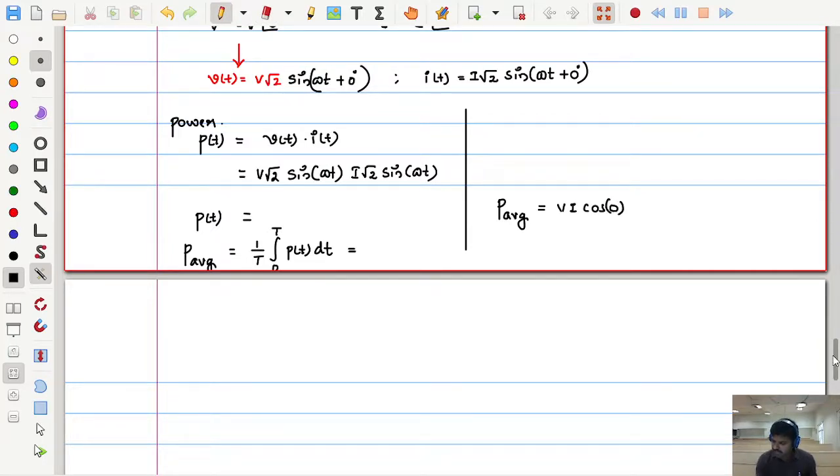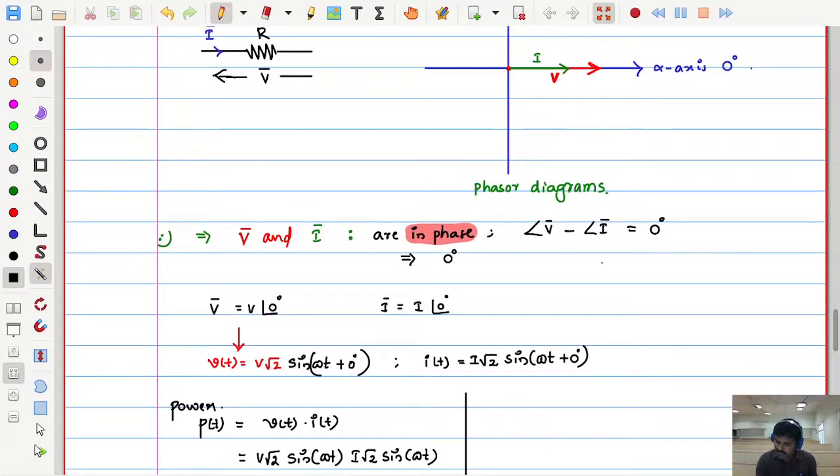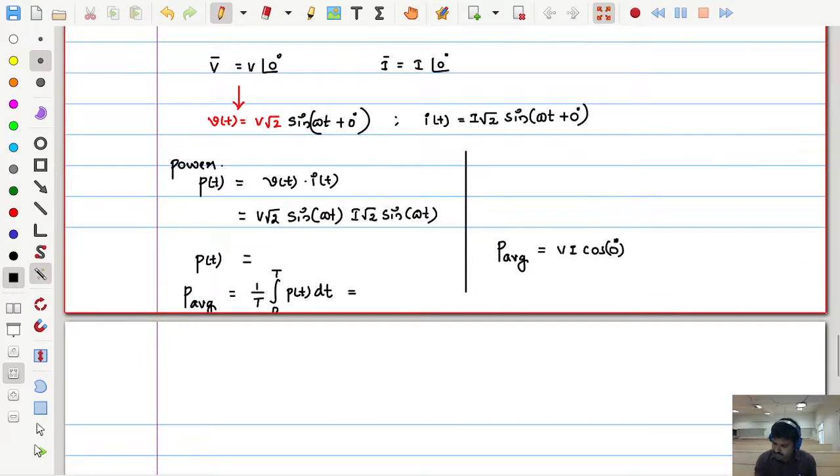Angle difference between voltage and current. This is 0 degree. So cos 0 is 1, so I will simply get P average as VI. Cross verify whether you get P average as VI or not. So like this we can proceed in checking the voltage, current, and power for every element.